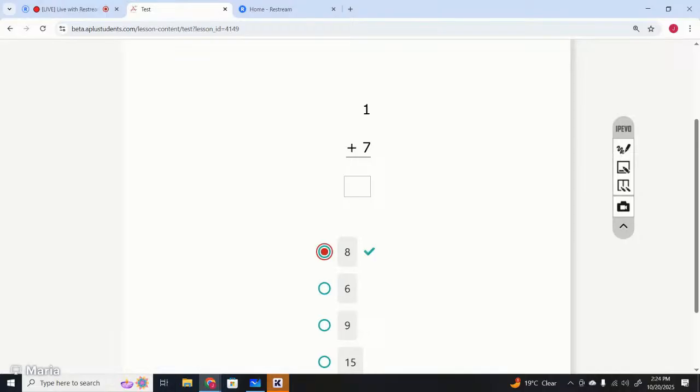Option number 1 is the correct option. 10 plus 10, which is the correct option? 10 plus 10 makes 20.